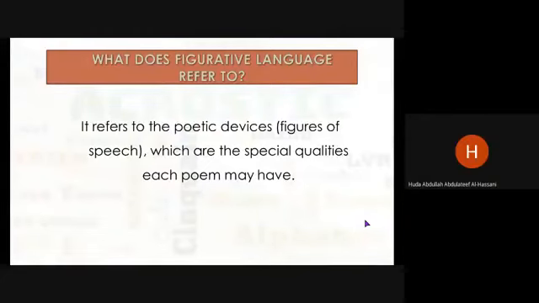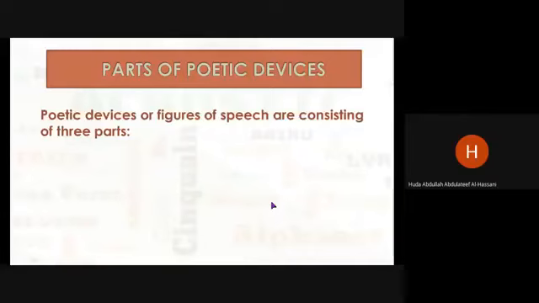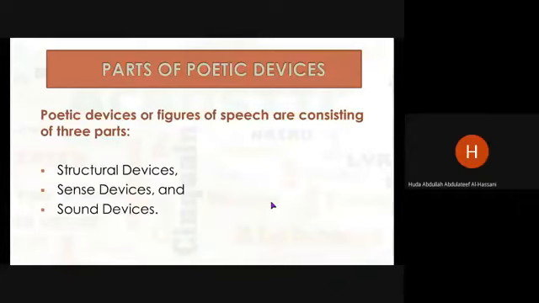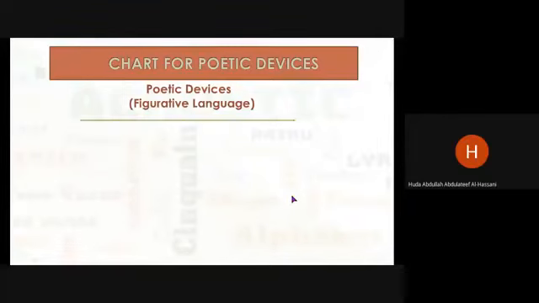Parts of the poetic devices, or types. Actually, we have three main types: structural devices, sense devices, and sound devices. In this chart, I will include each part with examples.